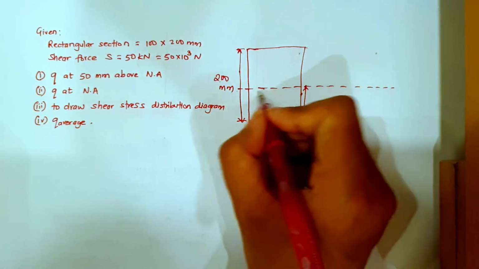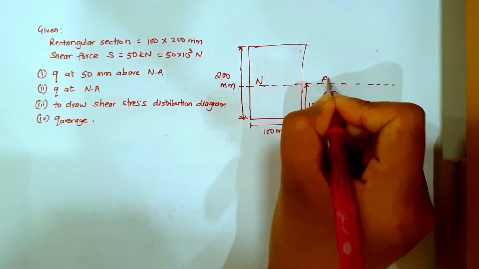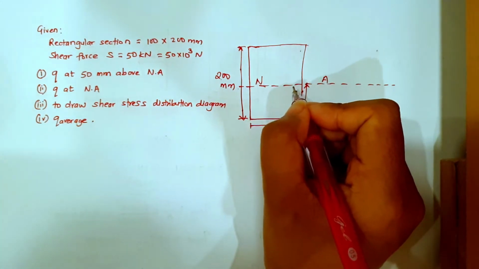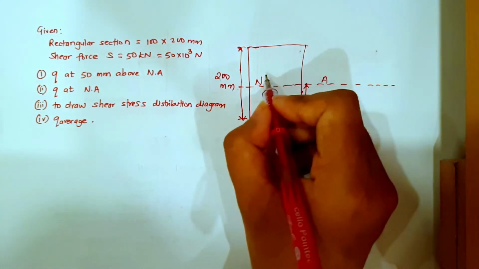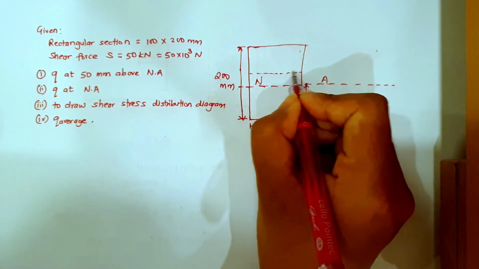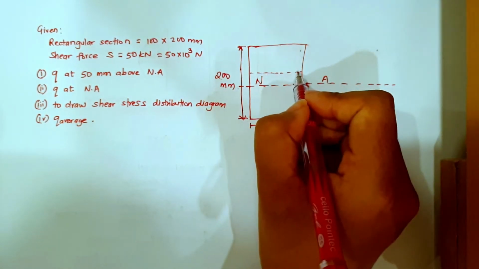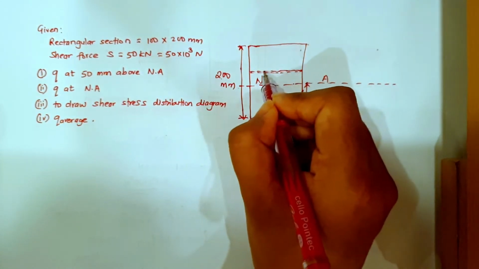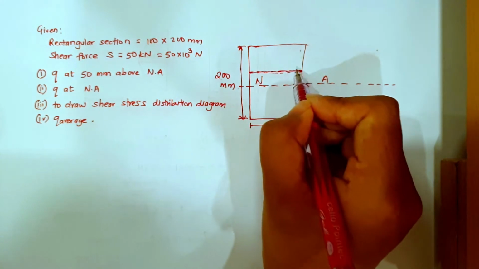Now above this neutral axis line, at 50 mm above this neutral axis, so let us say around here, at this point we need to find shear stress.